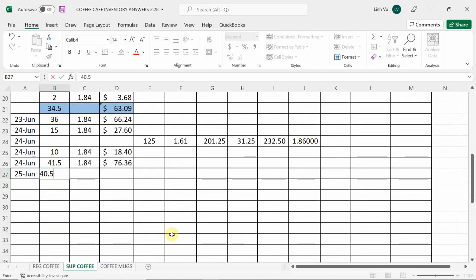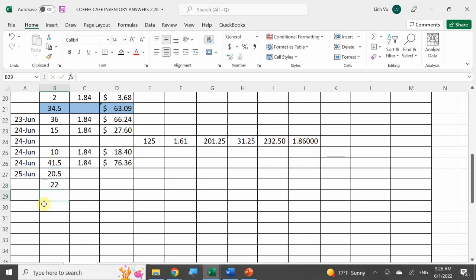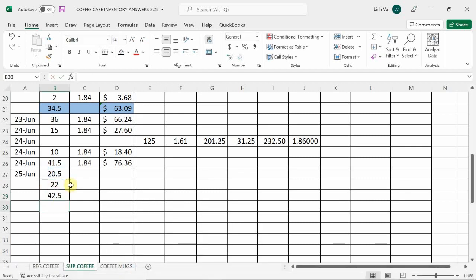Okay, so 20.5 is what I have, and I need 42.5. That means I need 22 more pounds to get me a total of 42.5.